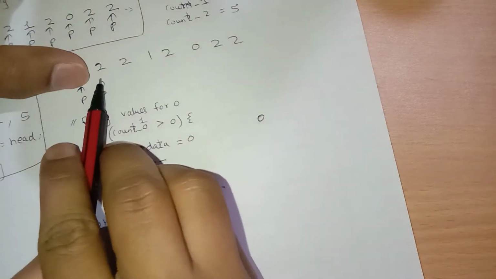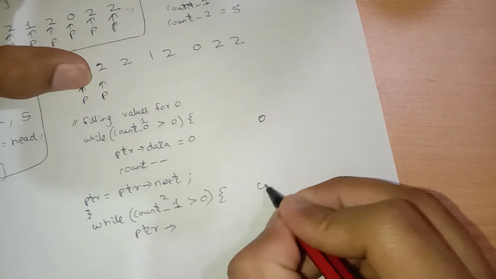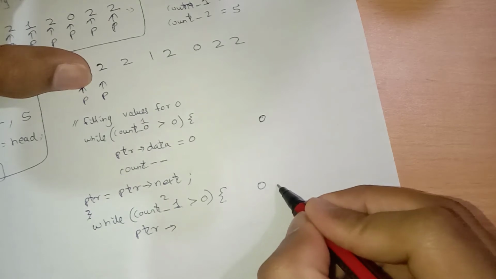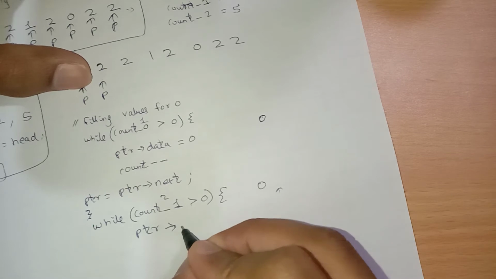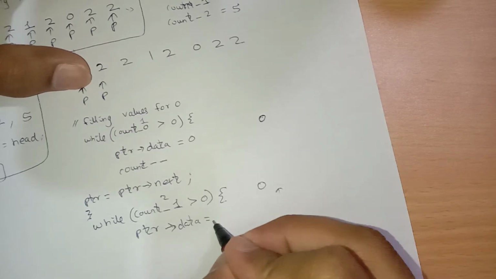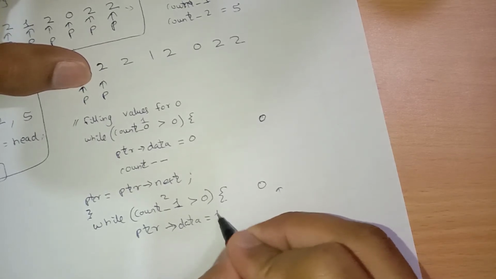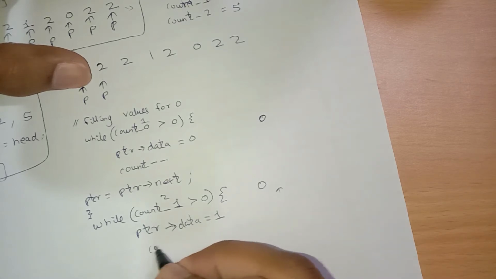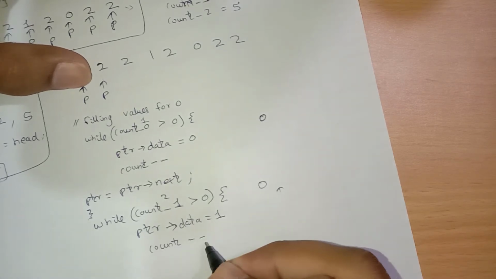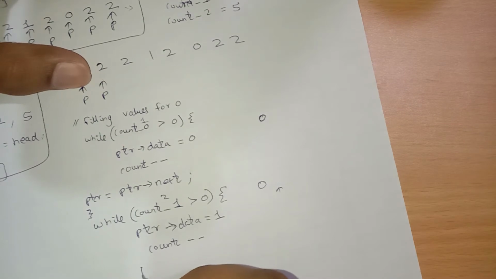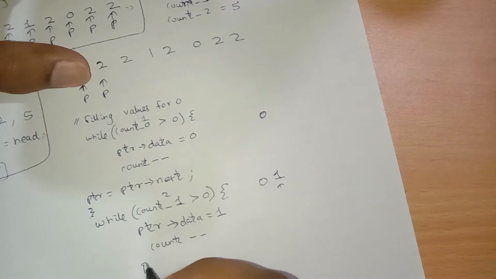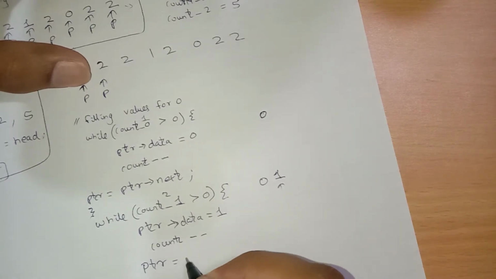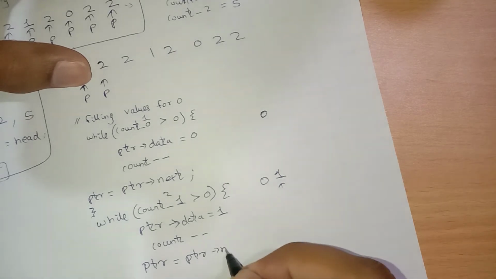Now the pointer is at this position, means first of all we have filled this 0 and now we are at this position, so we will put pointer's data equal to 1, and we will decrement the count and go to the next node, pointer equal to pointer's next.